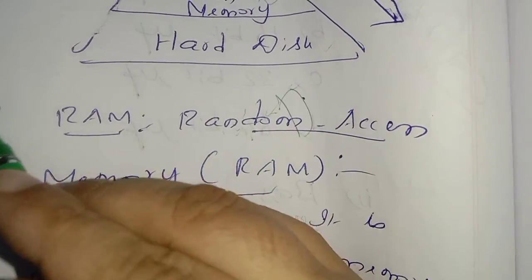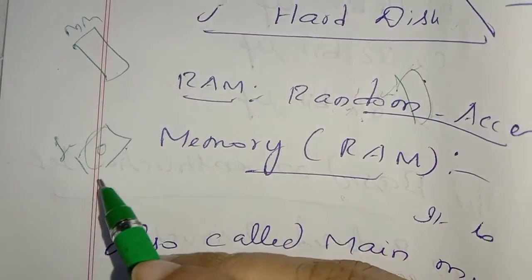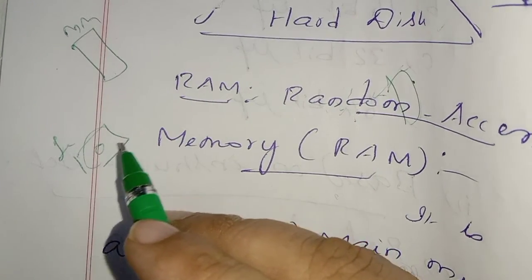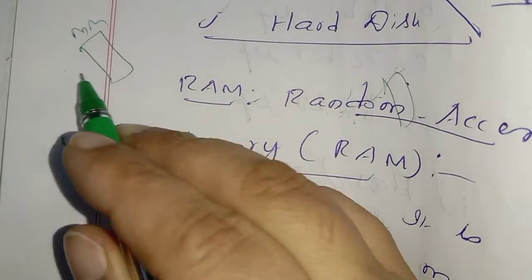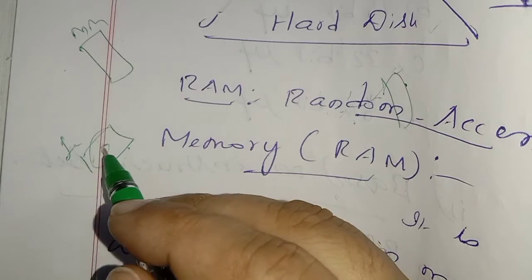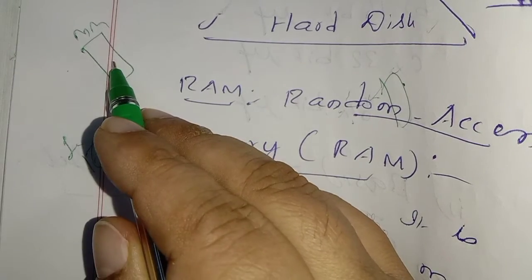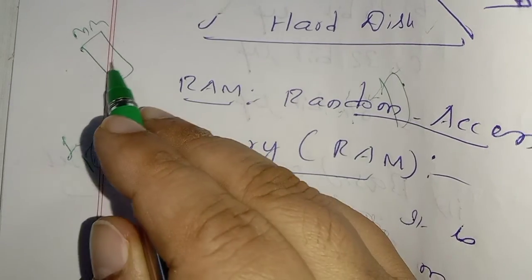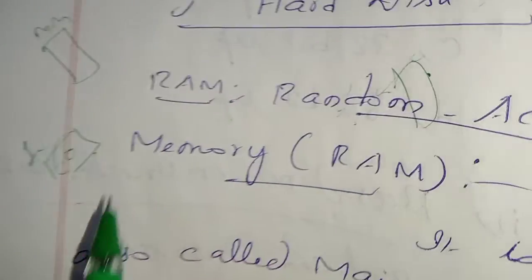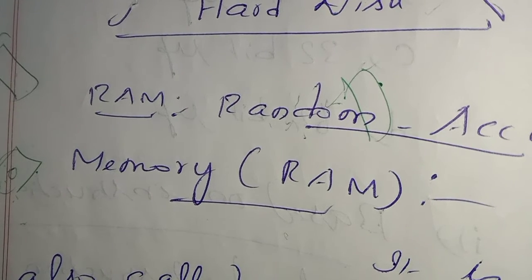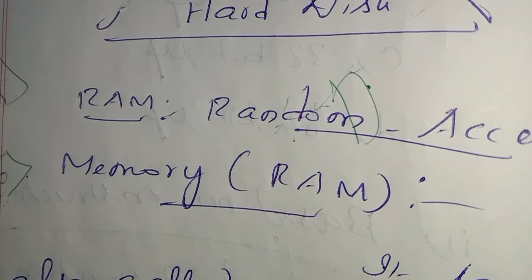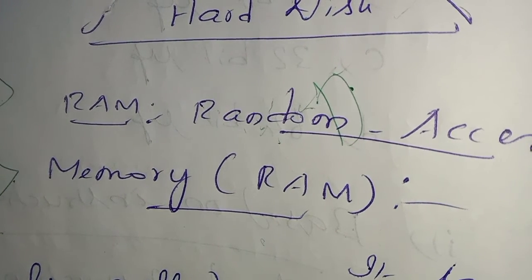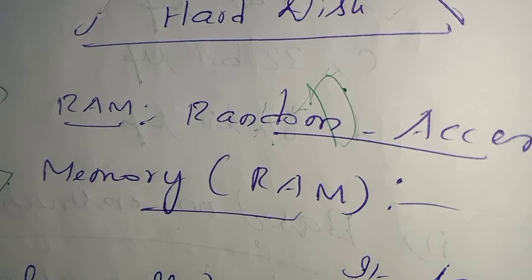Suppose the secondary memory is very big. You will divide the program into pages. You bring page 1 to main memory, execute, bring it back. Page 2, execute, bring it back. Page 3, execute, bring it back. Some high frequency pages repeatedly come and go. What to do about them? Repeatedly bringing them back wastes time.